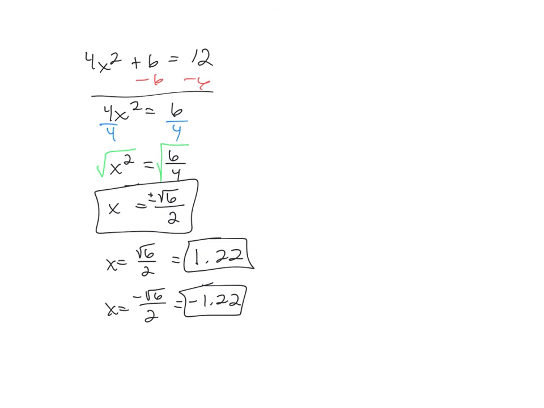So none of them will be no solution. Okay, all of them will work out to something. Some of them are fractions. Some of them, the last 1, 2, 3, 4, 5, 6 problems, are decimal answers. They'll be like this.